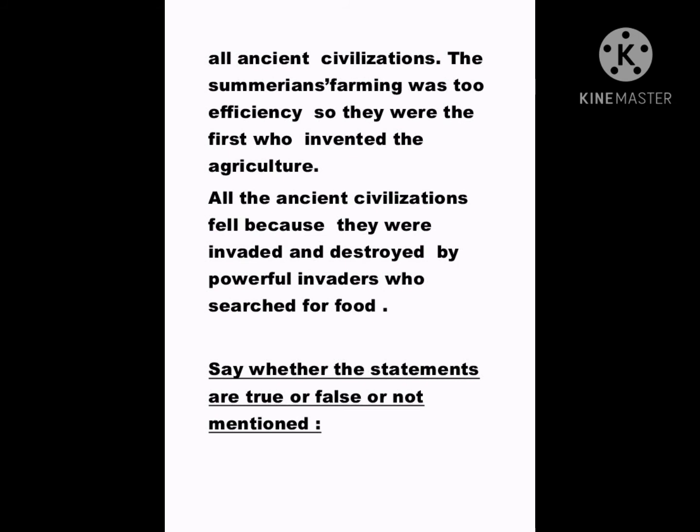The Sumerians' farming was so efficient that they were the first to invent agriculture. All the ancient civilizations failed because they were invaded and destroyed by powerful invaders who searched for food. So the most famous civilization for agriculture was the Sumerian.